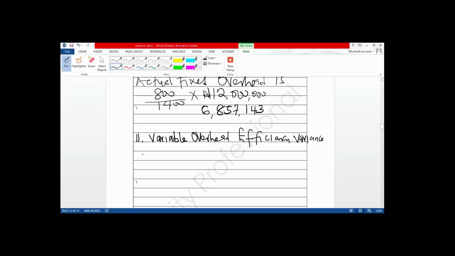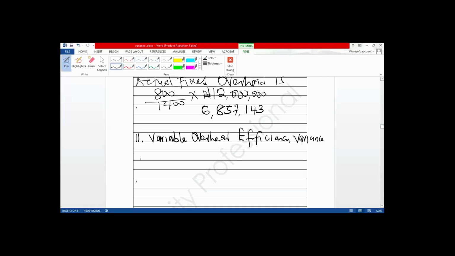Standard labor hours for actual production. Our actual production is 7,800 units, and to produce one, we require 5 hours of labor.